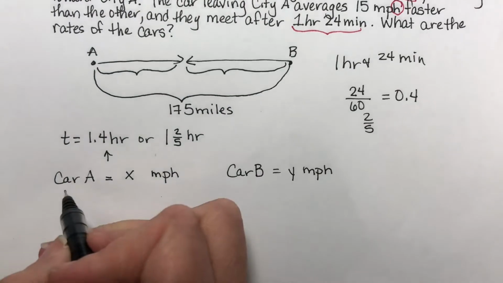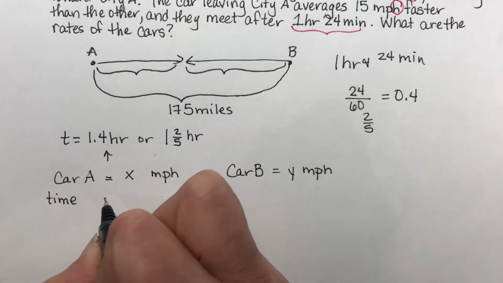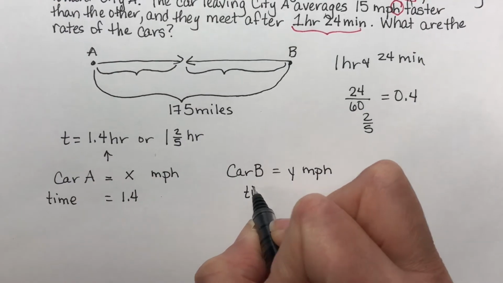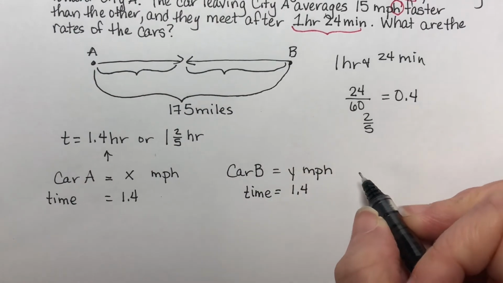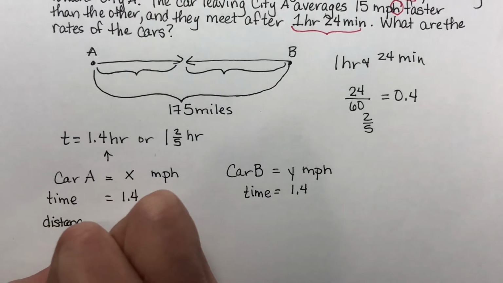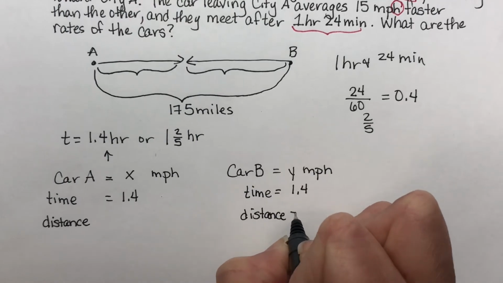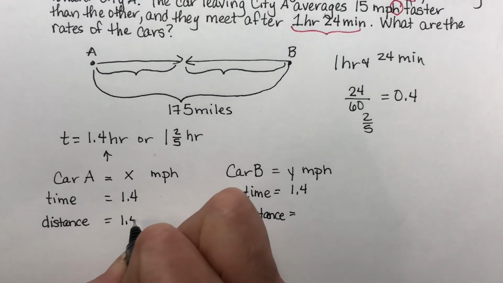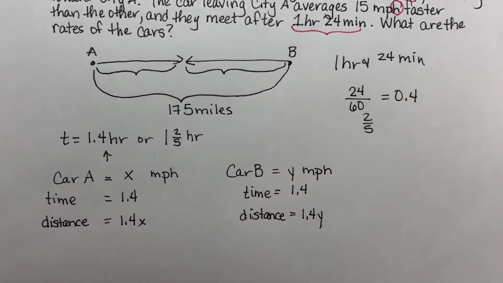The time car A travels is 1.4, and the time car B travels is also 1.4 hours. So the distance traveled is going to be rate times time. So this is 1.4x, and this will be 1.4y.